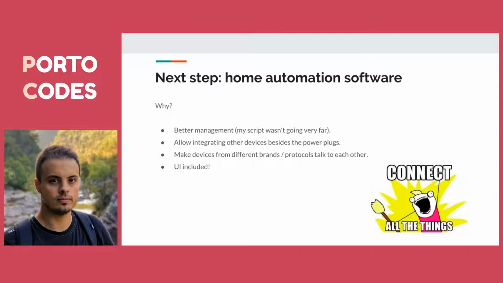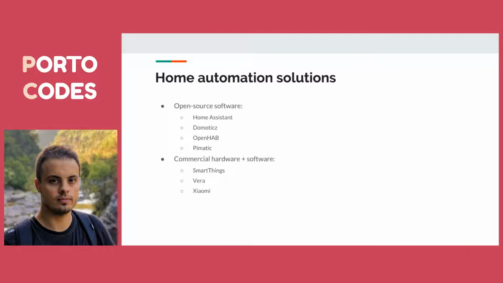I had the simple script to control that, but I wanted something more manageable than my shell script or Python script. So I decided to use some home automation software, because they also have plugins to integrate with other devices like TVs and more.